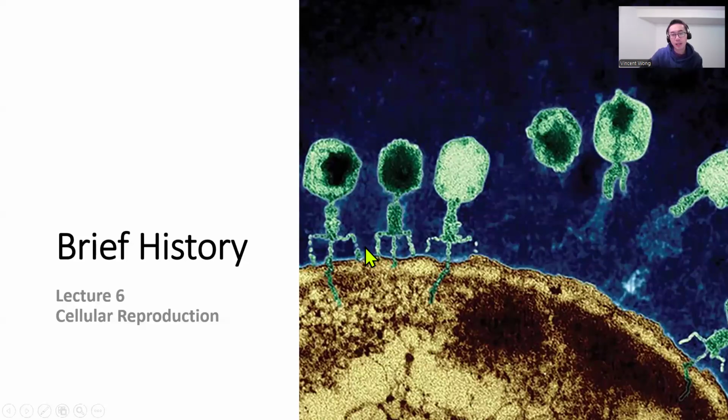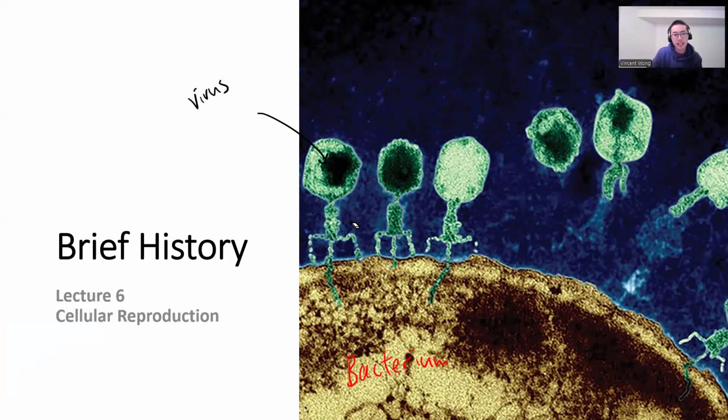Now, this picture, what you're looking at is actually really powerful magnification, a microscope, looking at viruses. Okay, so these little green blobby stuff, those are viruses. And what they are infecting here is actually a bacterium.